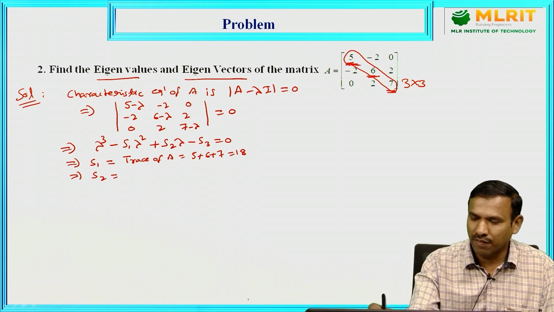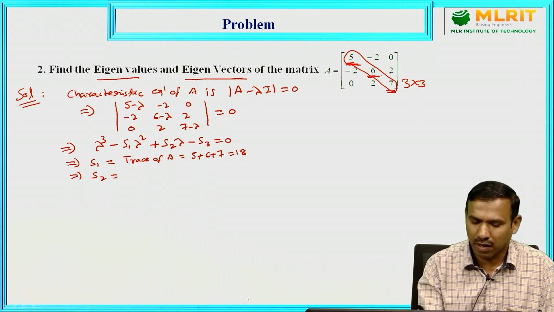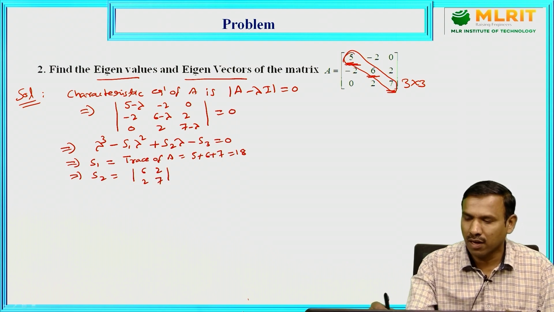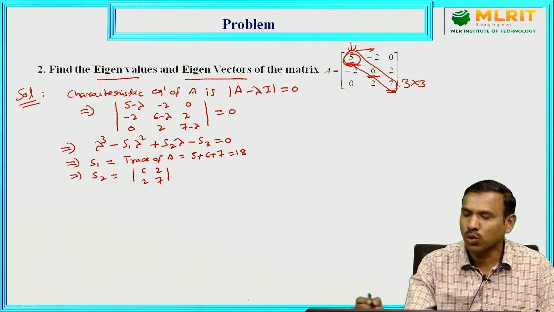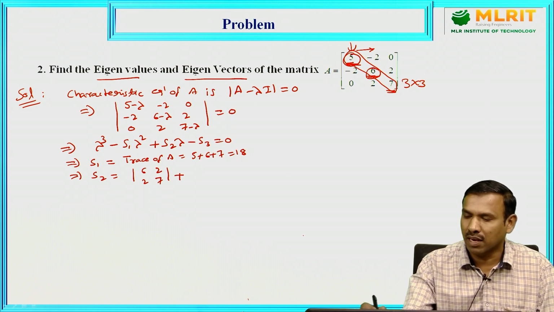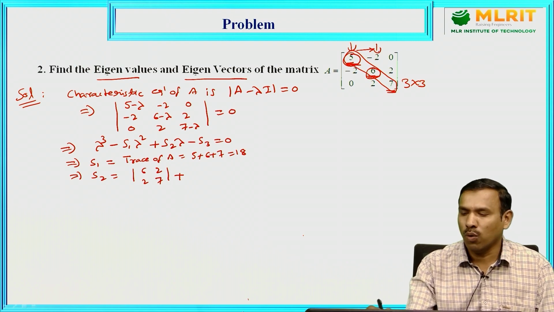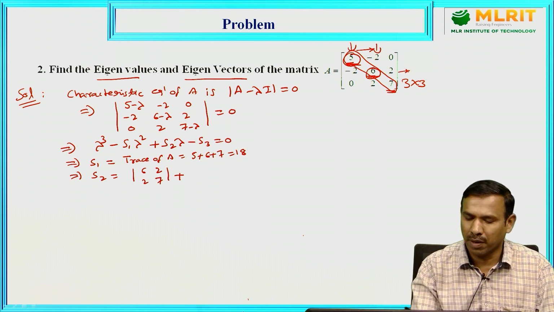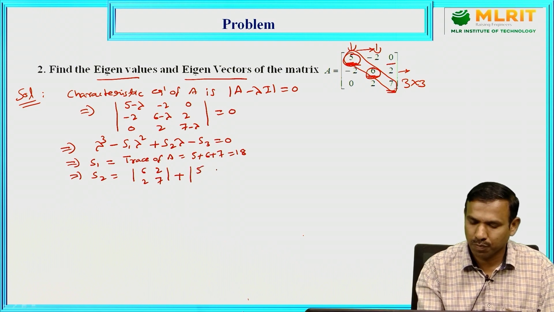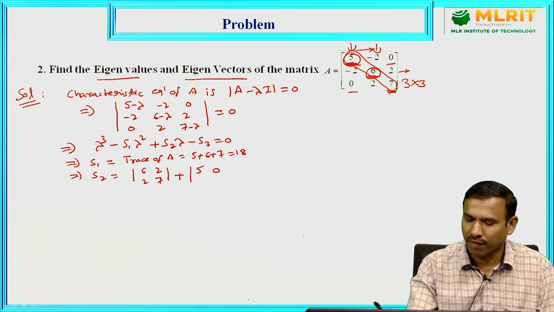For the first principal diagonal element 5, leaving its row and column, the remaining elements are 6, 2, 2, 7. For the second diagonal element 6, leaving the second row and second column, the remaining elements are 5, 0, 0, 7.